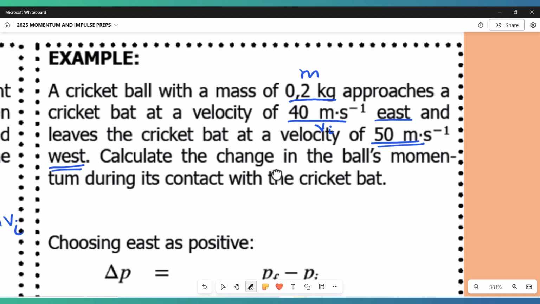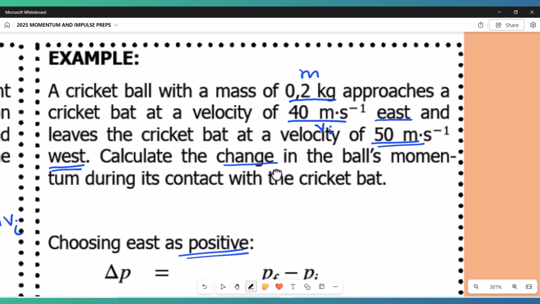Let's calculate the change in the ball's momentum during its contact with the cricket bat. So we need the change in the momentum again. But don't forget that we must choose direction. Again, if we choose east as positive, how do you find change in momentum?